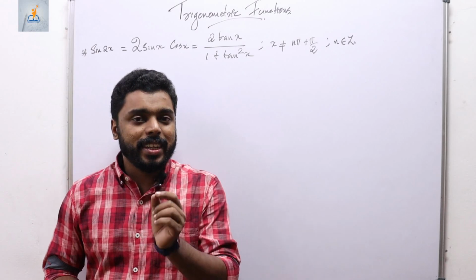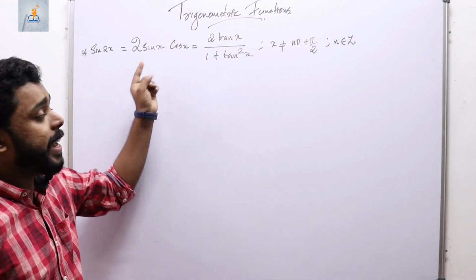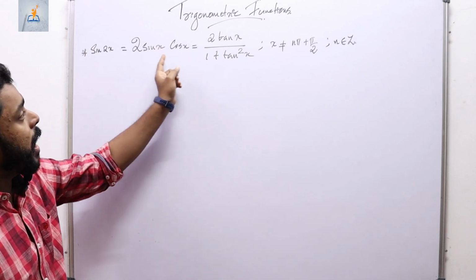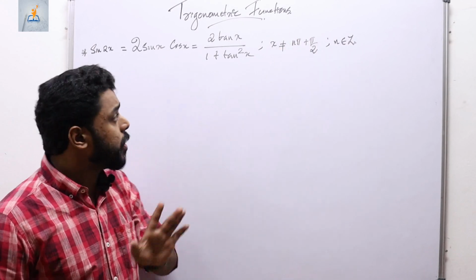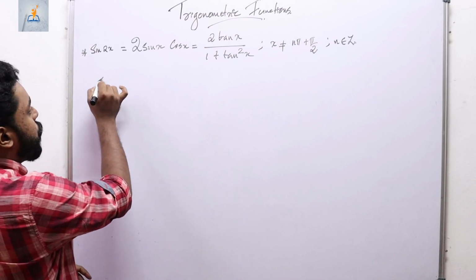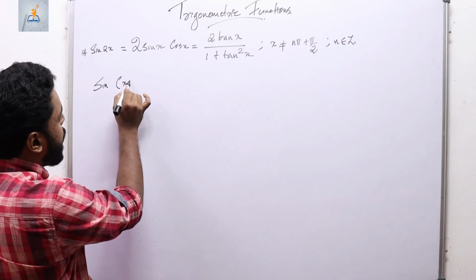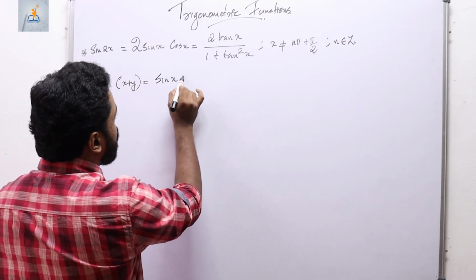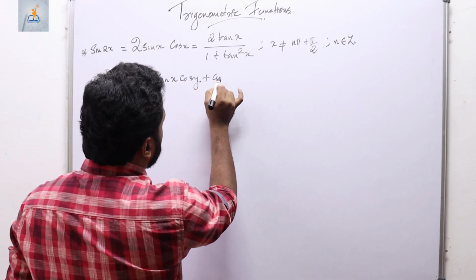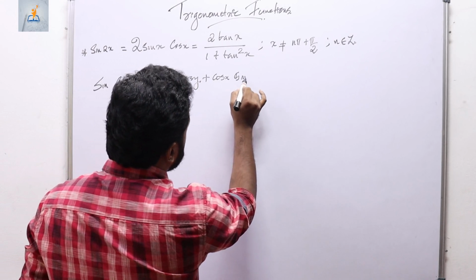Now we shall derive the trigonometric identity for sin 2x. Here we are given sin 2x is equal to this, and x is given with a restriction. So we shall derive as before. We shall consider sin(x+y). We derived this formula yesterday as sin x cos y plus cos x sin y, isn't it?